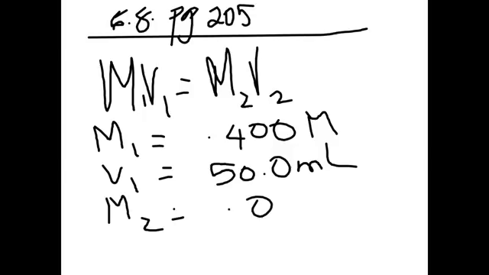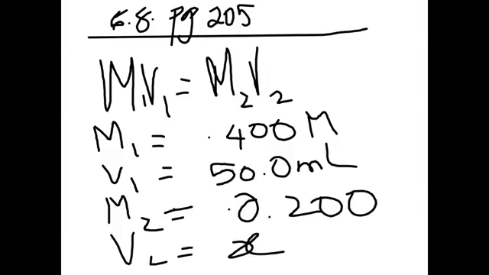What's M2? 0.200. And therefore, V2 is X. Did everybody get that, please? V2 is now X. So solve for X.